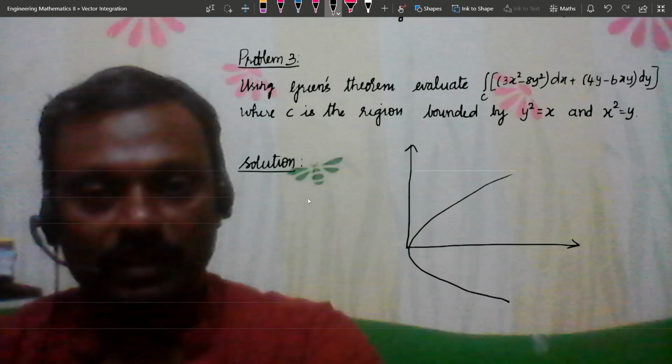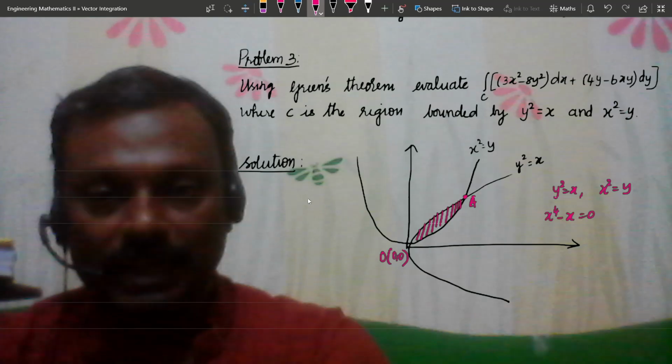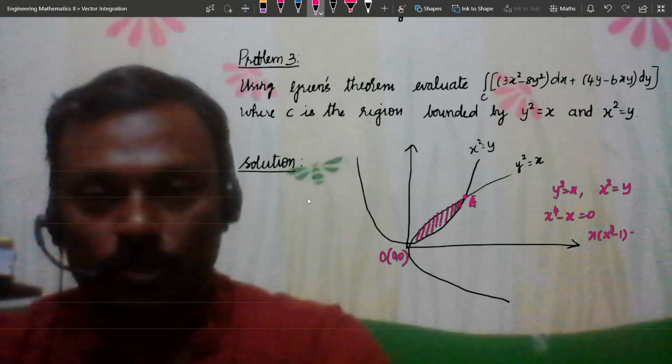Solving these two equations simultaneously, from x squared equal to y, substituting in the first equation y squared equal to x, we get x power 4 minus x equal to 0. So grouping the terms to one side, we get x into x cube minus 1 equal to 0. So x equal to 0, and on equating x cube minus 1 to 0, we get the cube roots of unity 1, omega and omega squared.